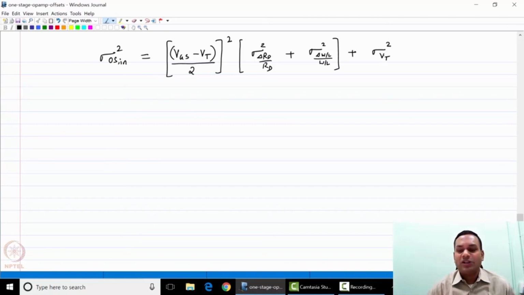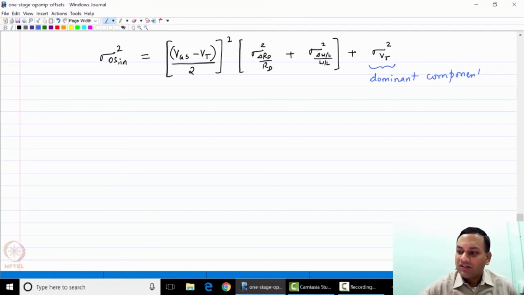So this is the expression for the input referred offset of the differential amplifier. And as you can see, you expect this to be the dominant component since it appears directly at the input.